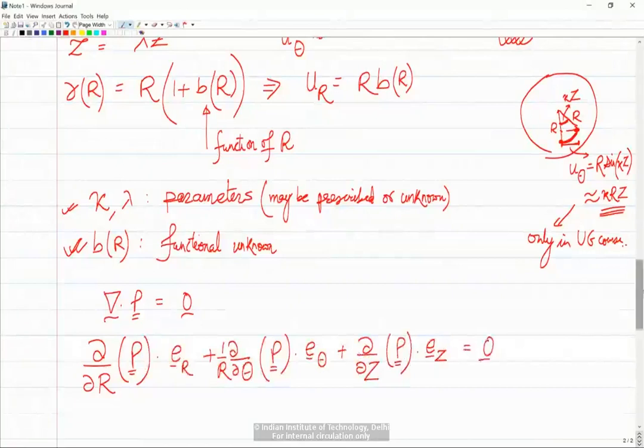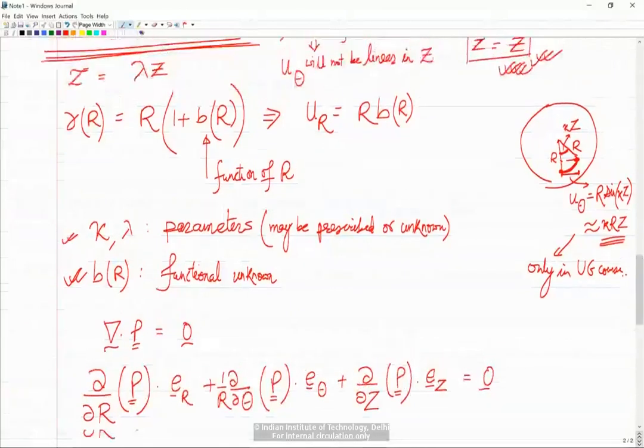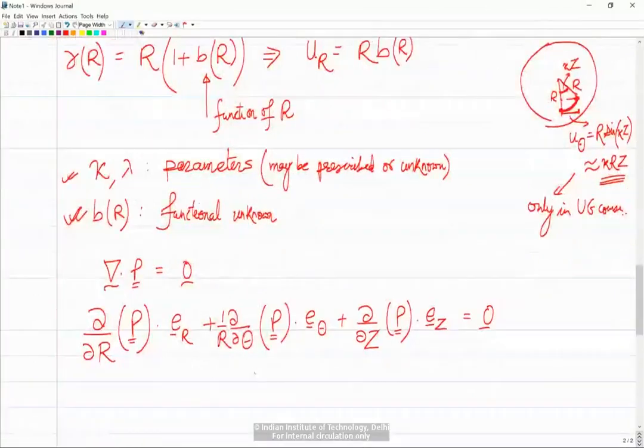Okay, and taking the derivatives is difficult here. It's not just easy because P you have to expand in cylindrical coordinate system.